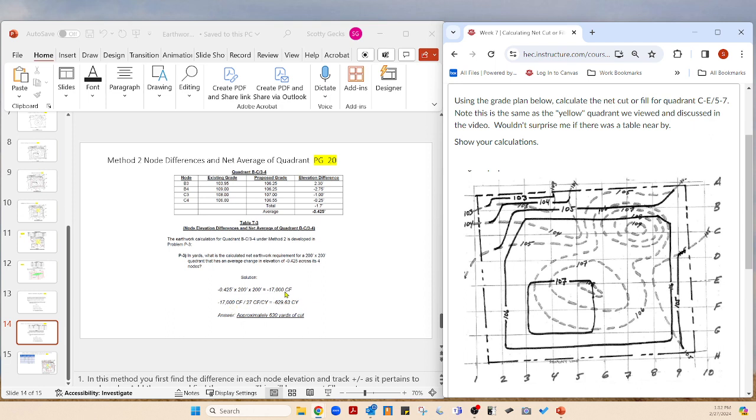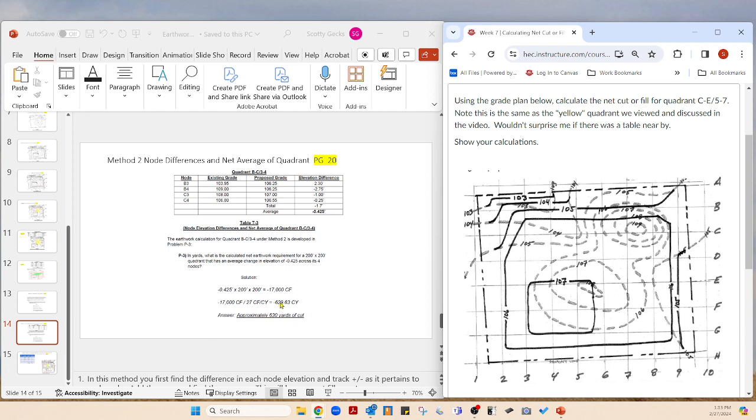I don't know if they're calling it a cut or not, but it's a fill. This is your net cubic yards, and you're going to have more dirt than you need. So this would be called a waste, and that's not a good name. You'd be using that dirt to balance your low spots, so it's not like you have to throw it away.